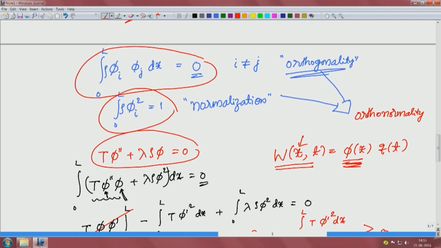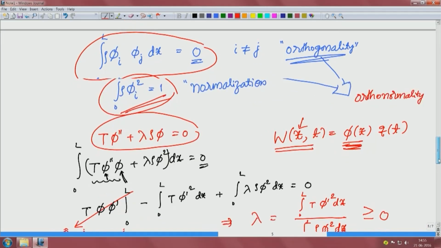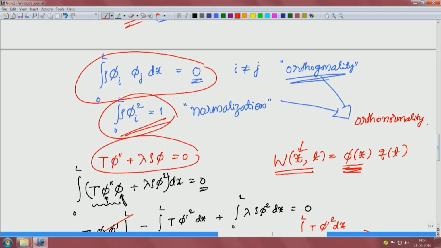So, the integral 0 to L rho phi I square equal to 1, that thing we say is a normalization condition, put together we get orthonormality. Okay.